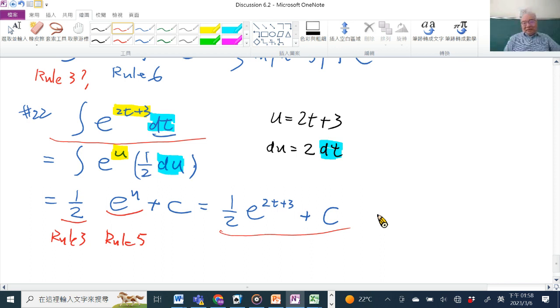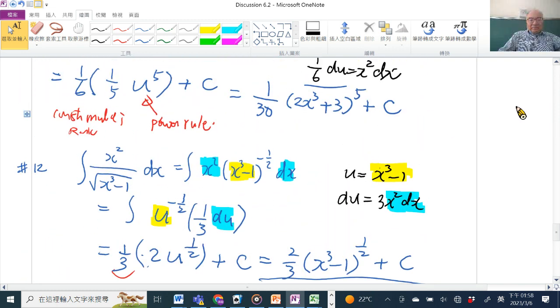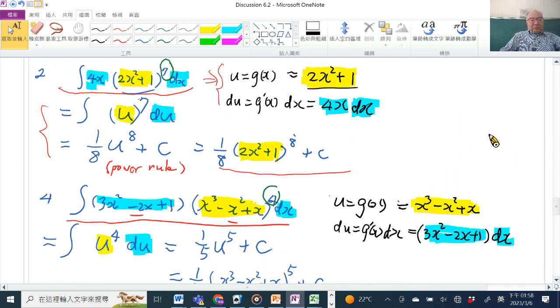So far, we have discussed using substitution and the basic rules to come up with the final result. And I may ask, are we doing the right work? You can check by taking the derivative of this result to see if it is exactly the same as the integrand.